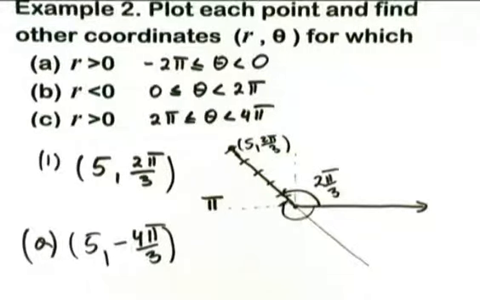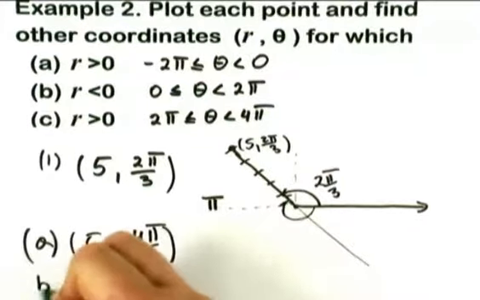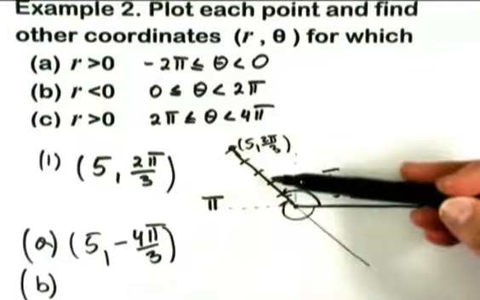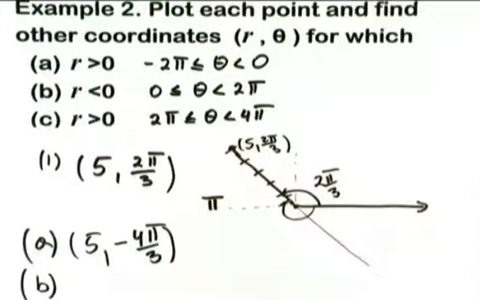Okay, so now we need to find B with negative r and positive angle, to have exactly the same representation. So positive angle and with negative r.